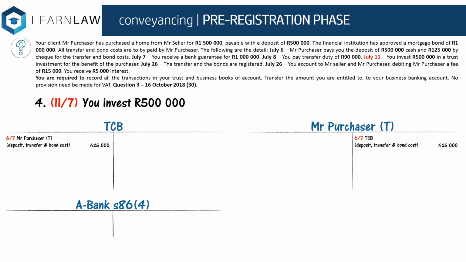Recall that Mr. Purchaser's trust account will remain unaffected because the liability towards him remains unchanged. There will only be a movement of cash between the trust bank account and the investment account. The TCB is credited with 500,000 rand, thereby reducing the asset, and the investment account is debited with 500,000 rand, thereby increasing the asset.